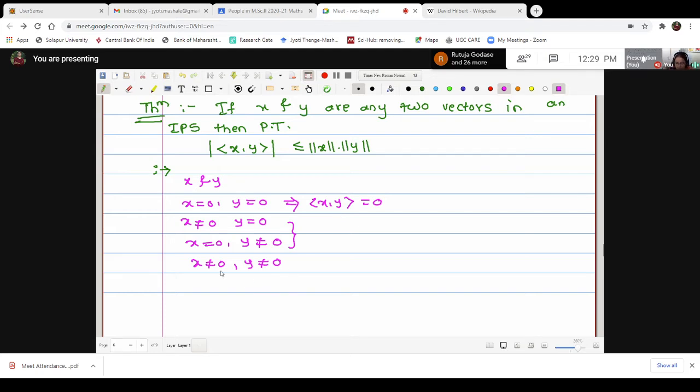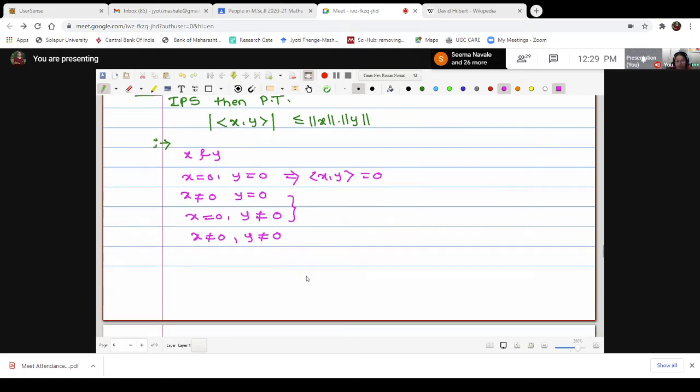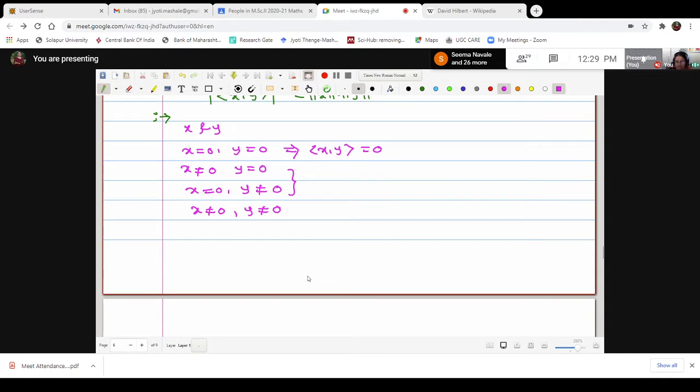The important case remaining to discuss is x not equal to 0 and y not equal to 0. Therefore, we are discussing this by considering once y vector is 0, once y not equal to 0. If I am considering y equal to 0, then the two cases will be included, and for y not equal to 0, either x may take 0 or non-zero.